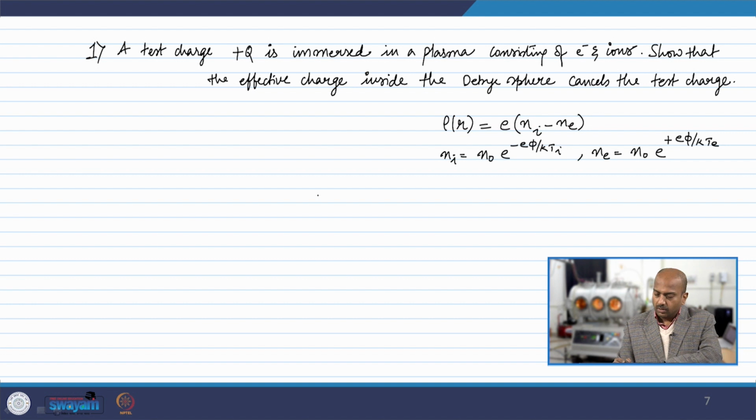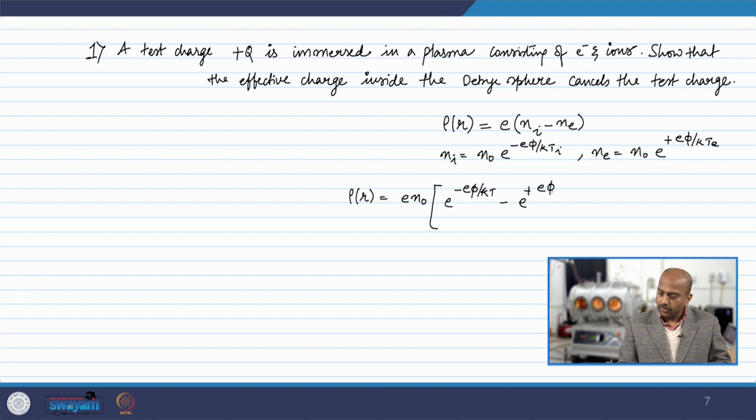Substituting both of these, the charge density rho of r can be written as e n_0 times e to the power of minus e phi by k T minus e to the power of plus e phi by k T.